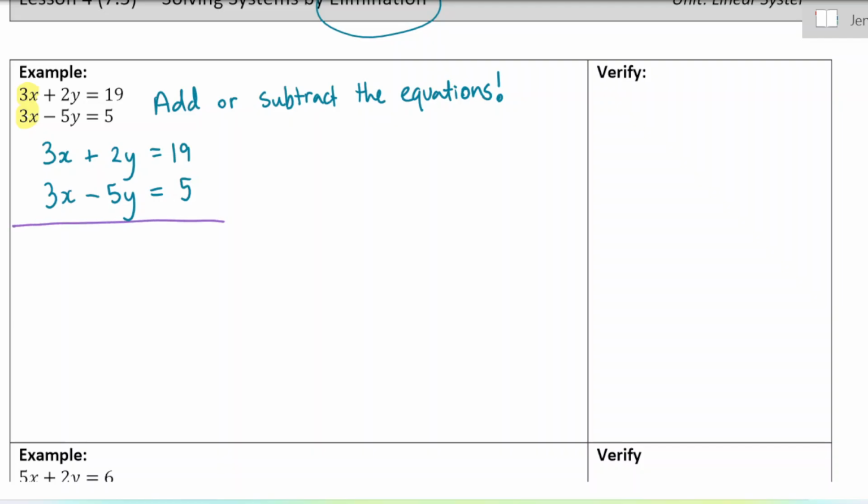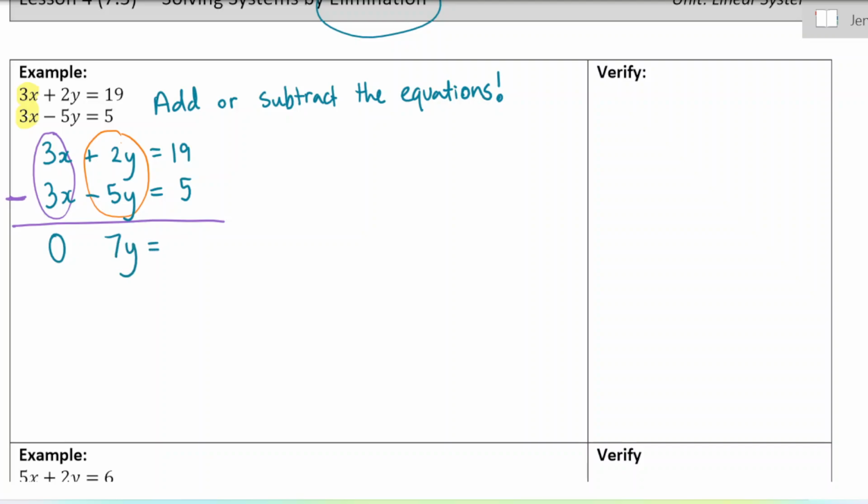Set this up here, and I'm going to subtract the two equations from each other. So what I'm going to do is subtract 3x minus 3x, which is going to give me 0. I'm going to subtract 2y minus negative 5y. So 2y minus negative 5y, it's like adding 5y actually. So that would be positive 7y.